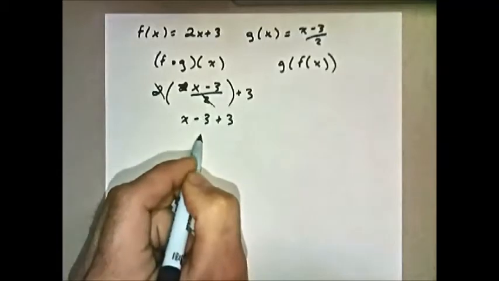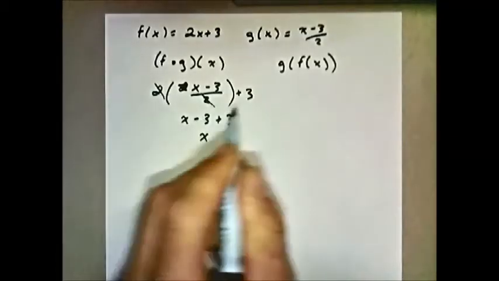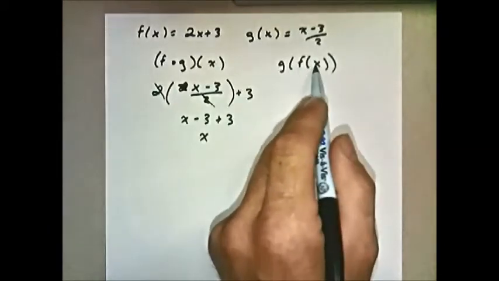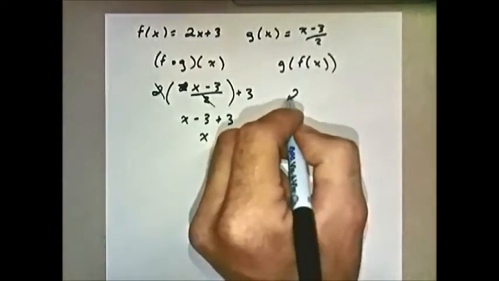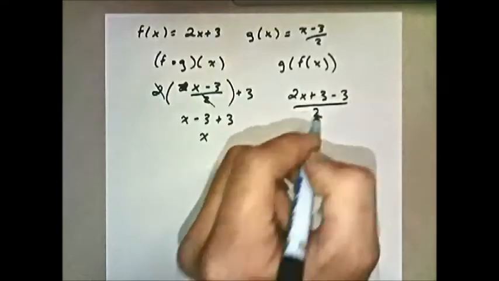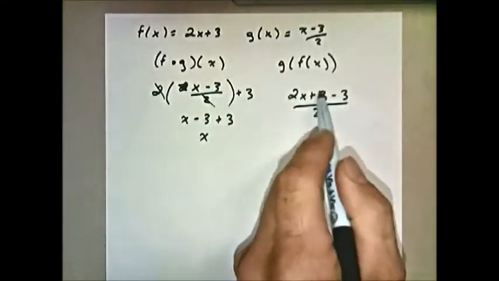Negative 3 and positive 3 cancel, so we end up with x. Looking at g of f of x, I'm taking my f function and plugging it into g. So I'm looking at 2x plus 3 minus 3 divided by 2. In this case, my 3's cancel at this point.